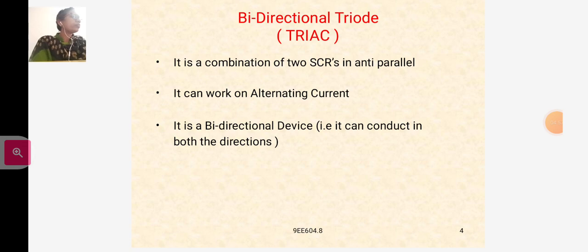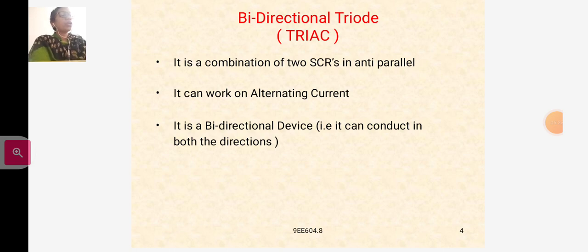The major drawback of an SCR is that it can conduct current in one direction only. Hence, SCR can control DC power or the forward biased half cycle of AC.